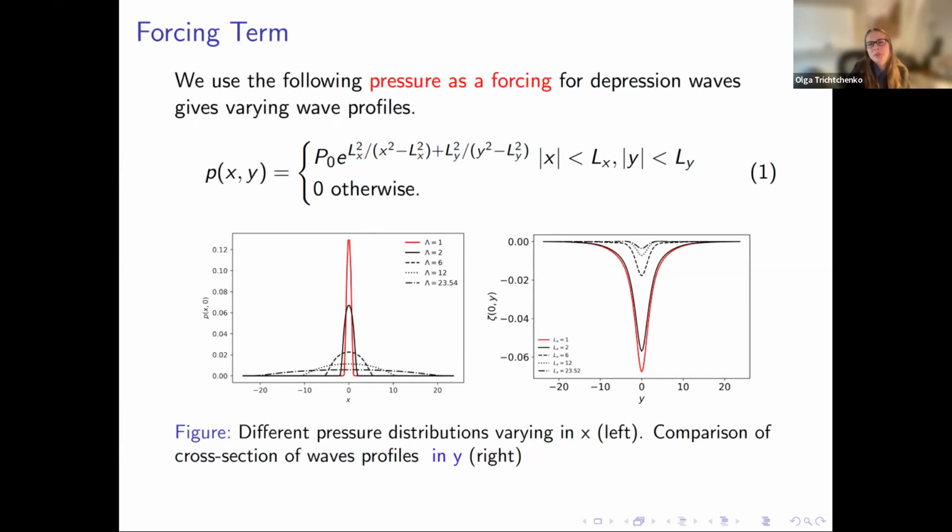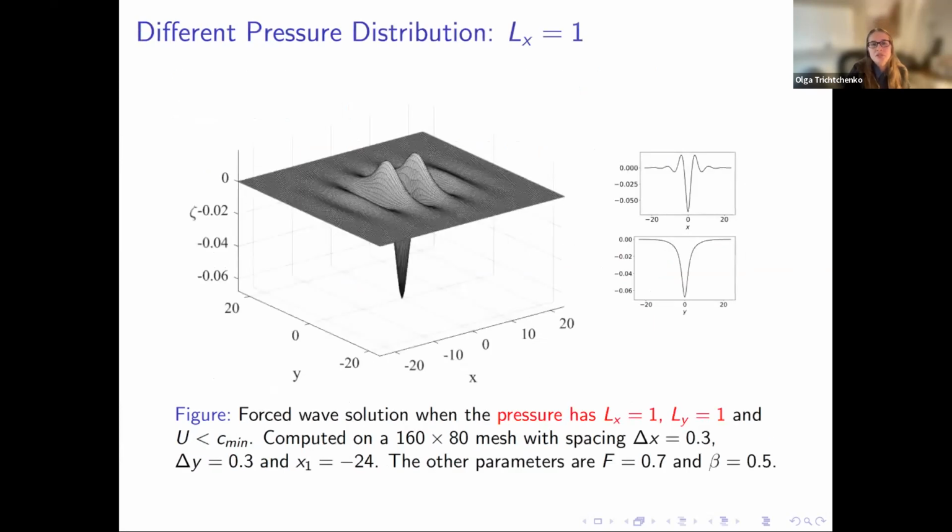And from this, you can even compute the strains for the different types of vehicles, for example, to see which one is going to generate the largest strain and more likely to break the ice. So then you can look at the fully three-dimensional profiles. So here they are. This is just when the pressure is basically rectangular. So it's the same Lx as Ly.